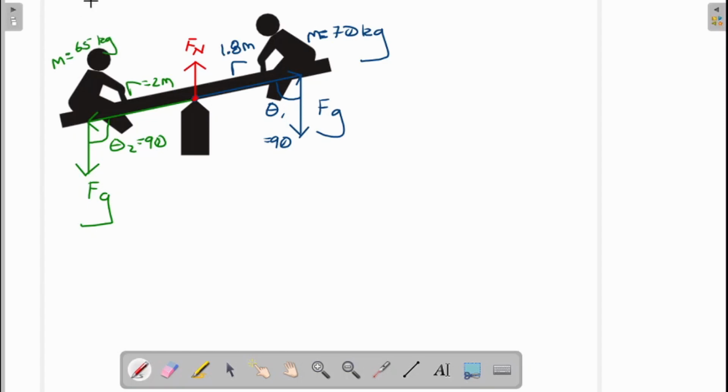To find the total torque of the system, the net torque, which will equal the moment of inertia times alpha, all I need to do is find all the individual torques. So the torque from the normal force plus the torque of the blue plus the torque of the green will add up to give me my total torque. And in each case, all I need to do is r perpendicular times F.